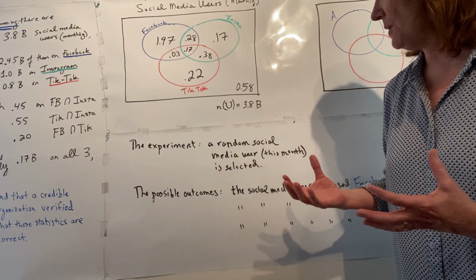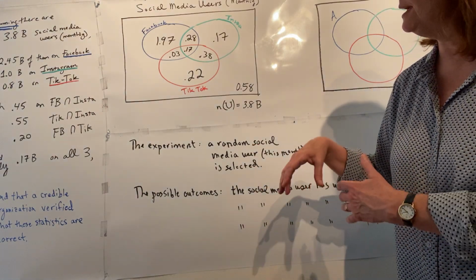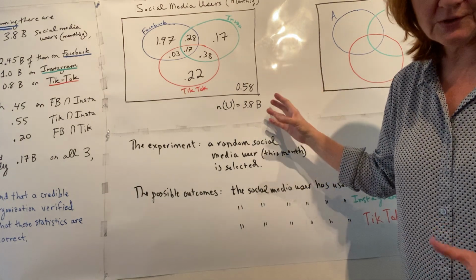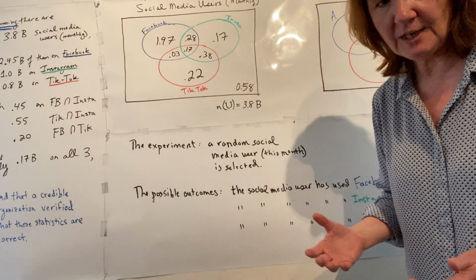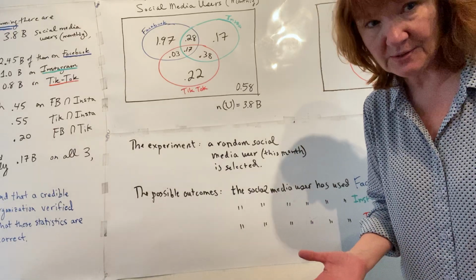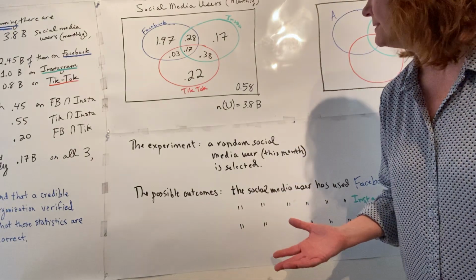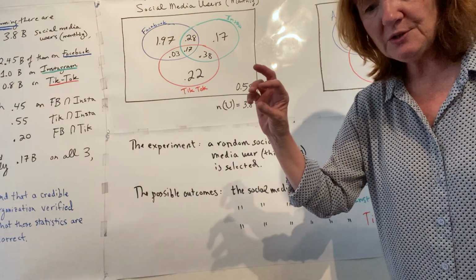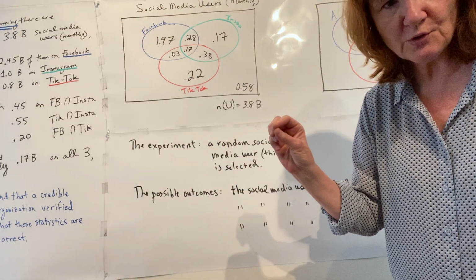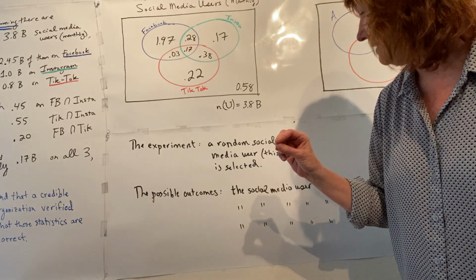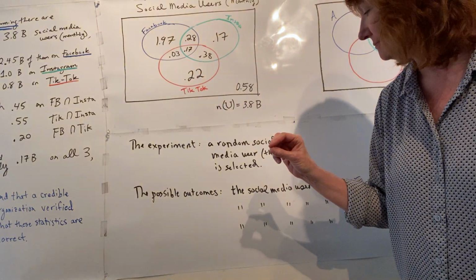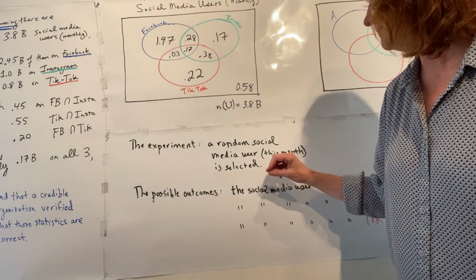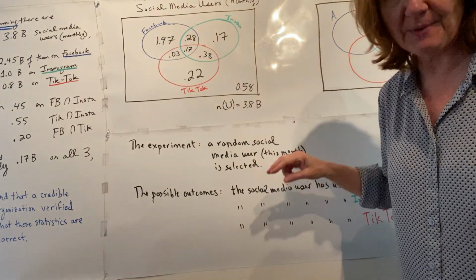So suppose that we are looking at the set of all social media users. That's our universal set. When we're talking about probabilities, that might get referred to as our sample space. And the experiment is that we are going to randomly pick one of those social media users and ask them what platform they have used in the past month.